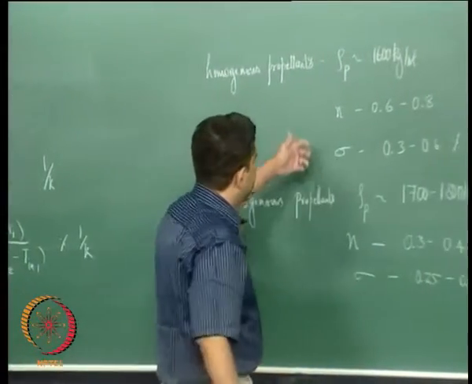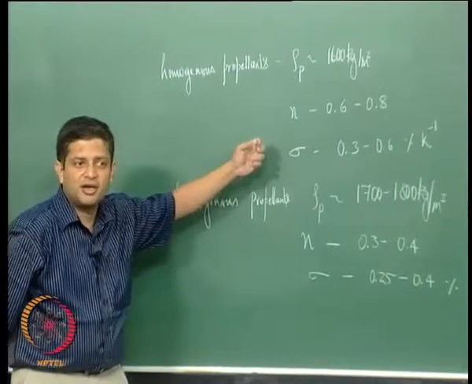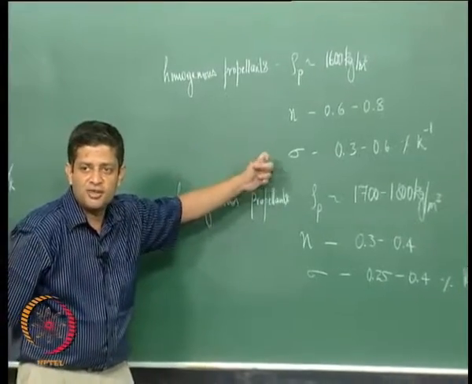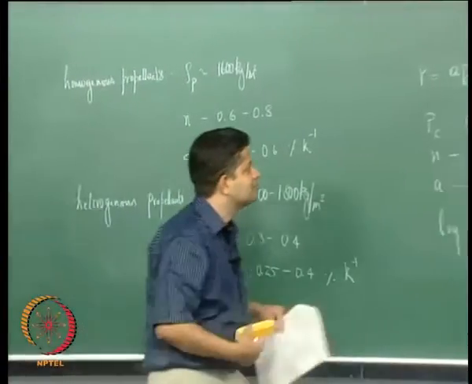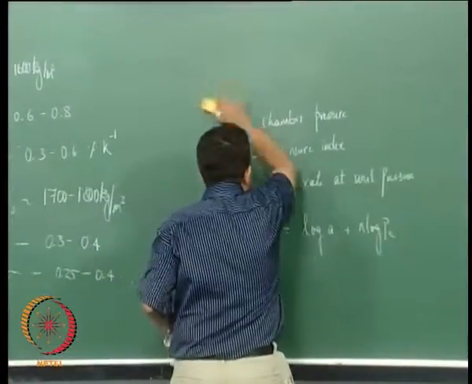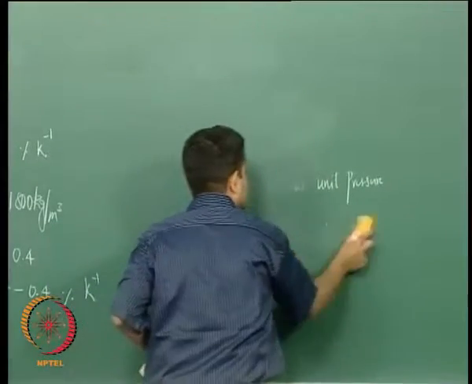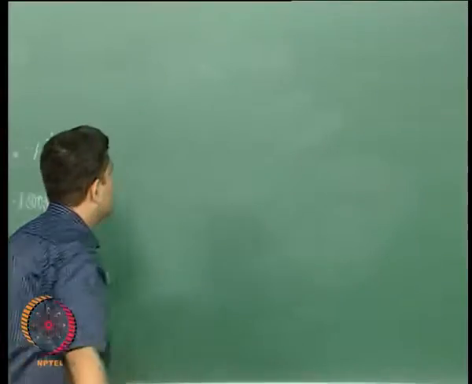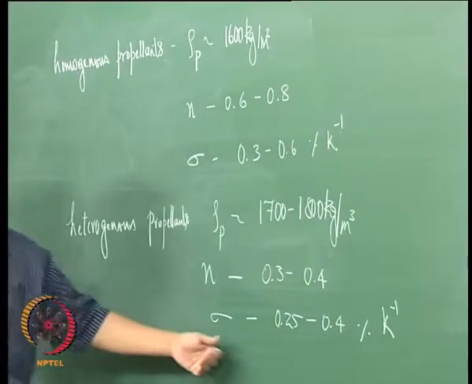Now, what do these quantities mean to us in terms of how they affect the thrust of the rocket motor? We will see that next. Firstly, let us take the initial temperature sensitivity.